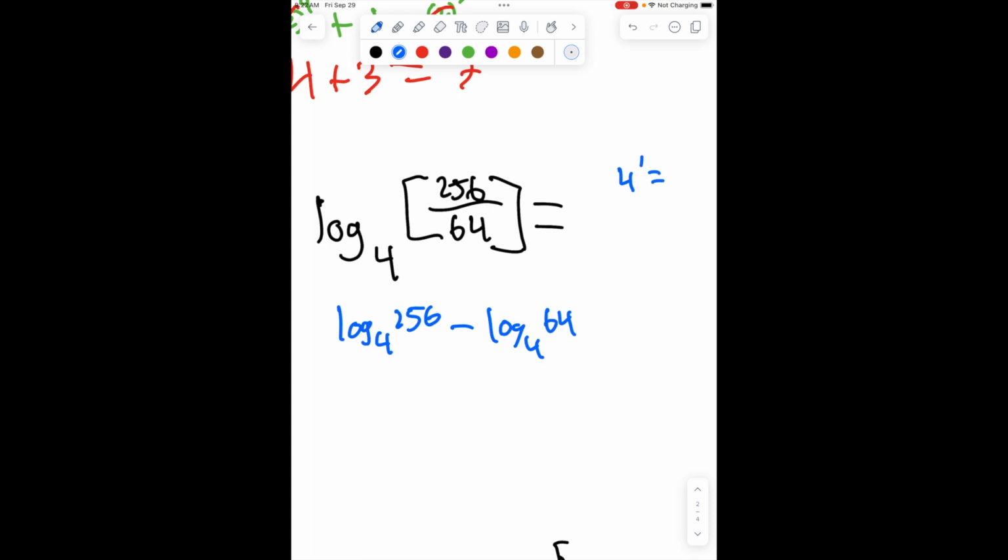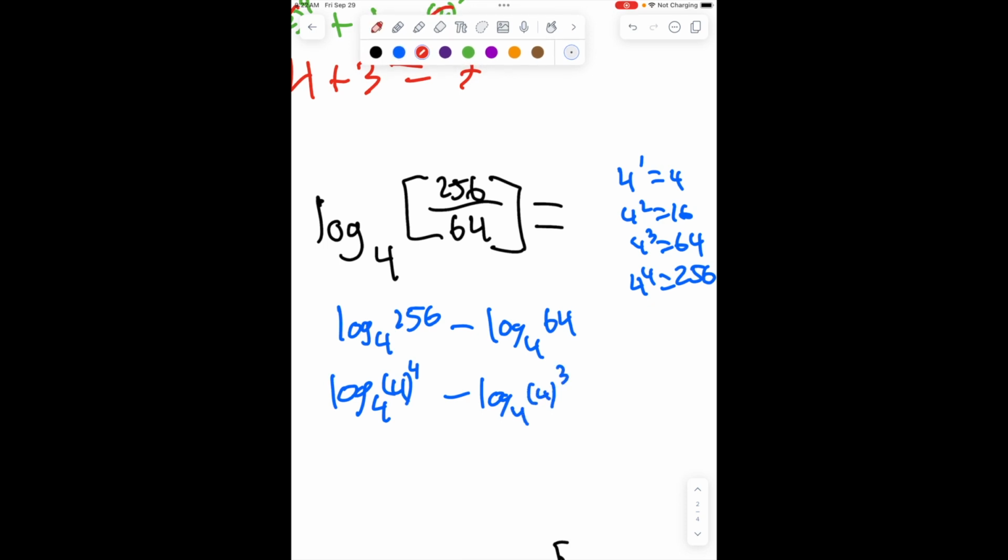Side work: 4 to the 1st, 4 squared, 4 to the 3rd. Again, you can use your calculator, but some of these you may start to just memorize, because you end up using them. I'm going to rewrite this as log base 4 of 4 to the 4th minus log base 4 of 4 to the 3rd. 4 minus 3 this time gives me 1.